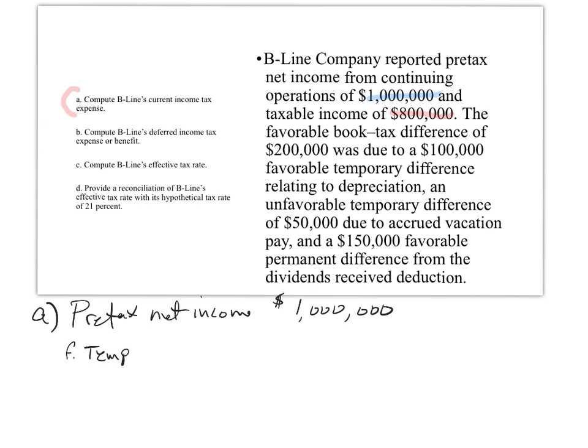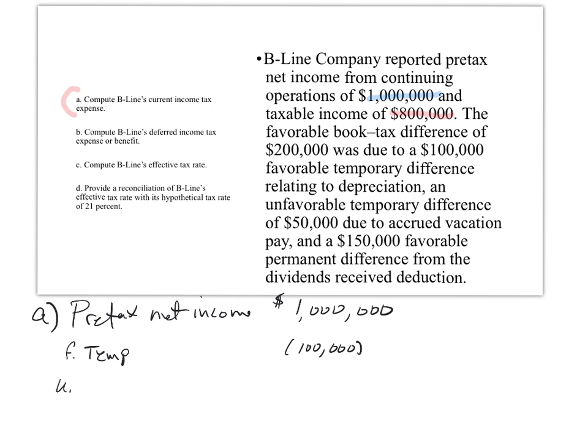A favorable book tax difference of $200,000 was due to a $100,000 favorable temporary difference relating to depreciation. So there's our favorable temporary. If it's a favorable difference, it's going to decrease our book income as we go down to taxable income.